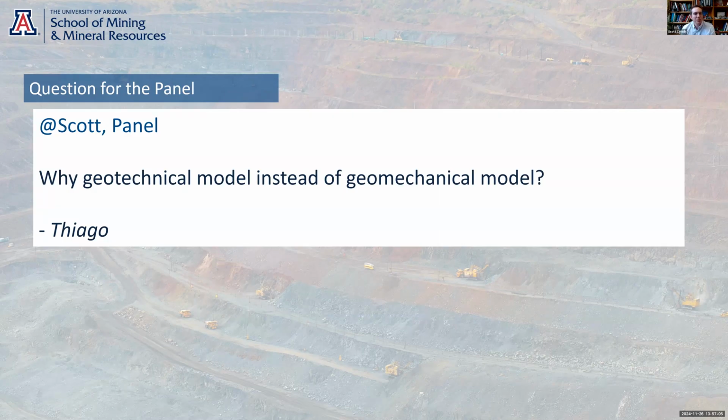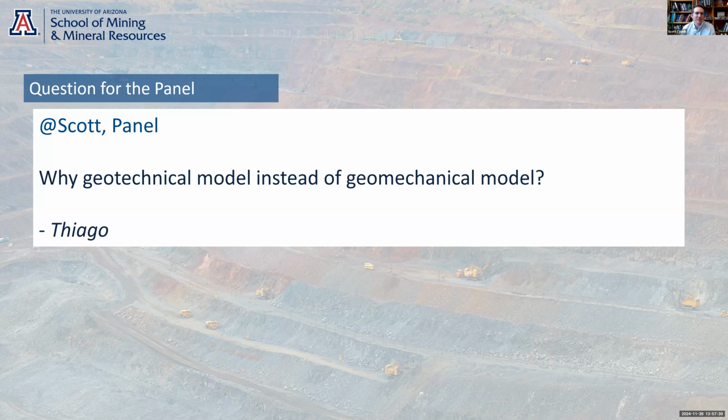Yeah, I wouldn't worry too much about the semantics of it. I think you could use either term, and I think people would probably know what you're talking about. If you wanted to get into the weeds about it, at least to me, geomechanical has more to do with the mechanical response of a material, so a rock or a soil. So the geomechanical parameters would be like cohesion, friction, Young's modulus, Poisson's ratio, things like that.